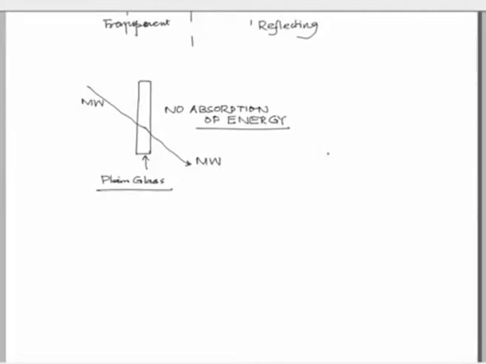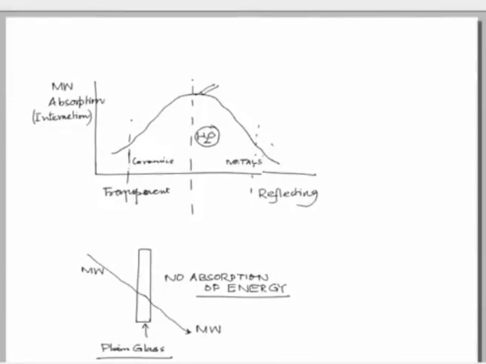At the same time, if we consider metals, they are simply like mirrors to normal light. As we know, if this is the incident light, this is the reflected light, following the laws of reflection.